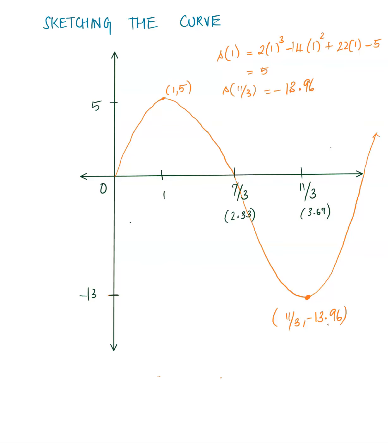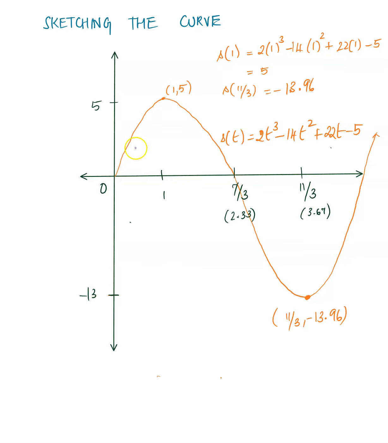And in fact, you can also find what happens at 7 over 3 so that you can graph it. 7 over 3 will correspond to negative 10 point something. Anyways, you've sketched the graph here, and this is S of t equals 2t cubed minus 14t squared plus 22t minus 5.